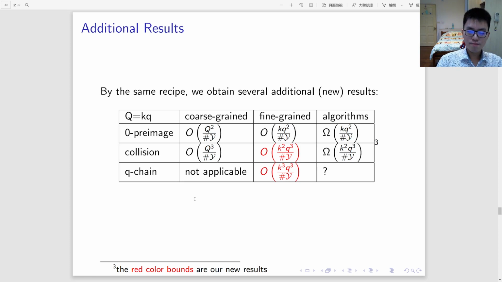It is also worth mentioning that for the hardness of the collision finding problem, this bound is in fact sharp because there is a collision finding algorithm called the BHT algorithm, and we can parallelize this algorithm so that the success probability of finding a collision actually meets our asymptotic upper bound here.